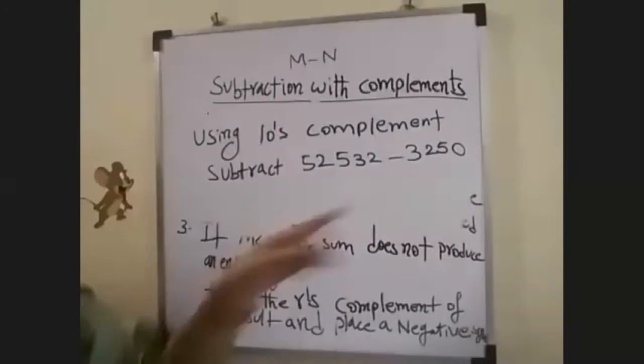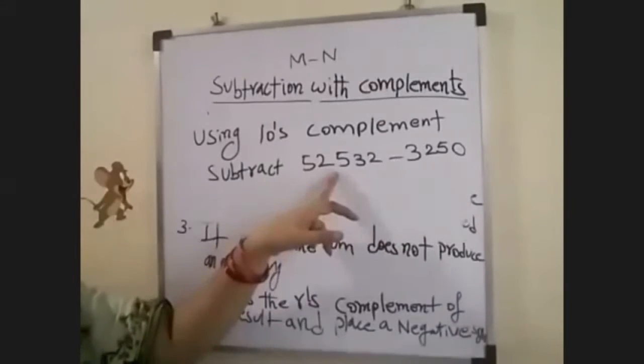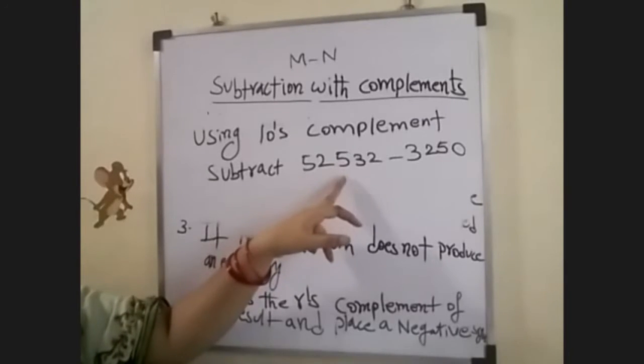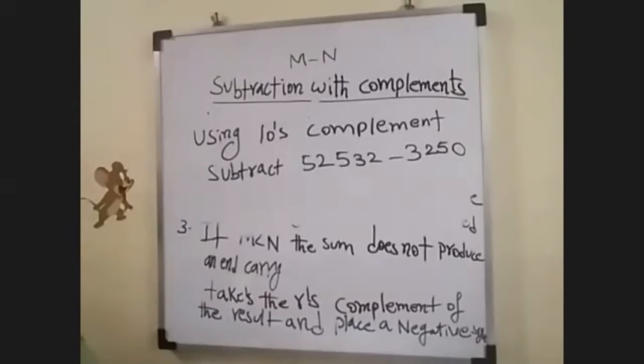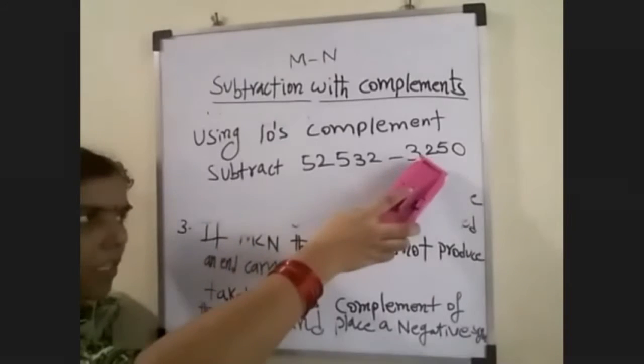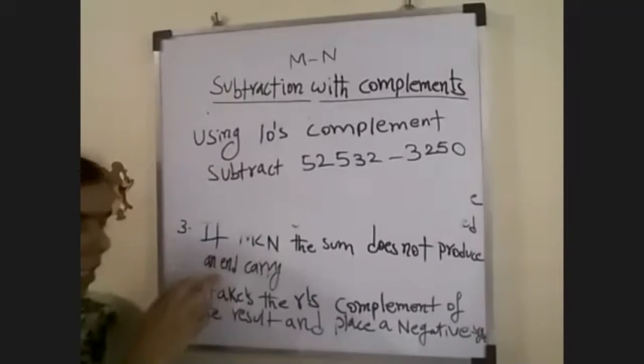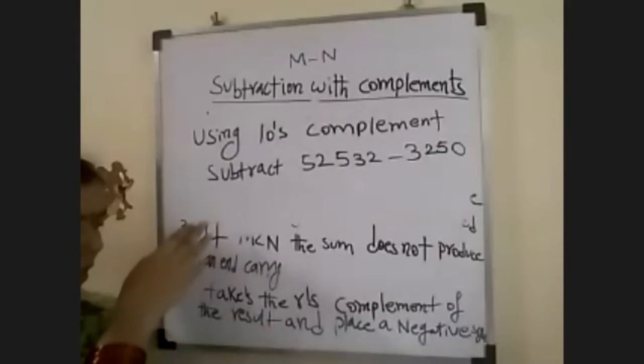So you can subtract the value 3250 from 52532 and you will get 49282. But simply you know that you can subtract this value and you got 49282. But we are applying this procedure, because the system will use these procedures. So whether it will come out the same or not, we will cross check in this method.